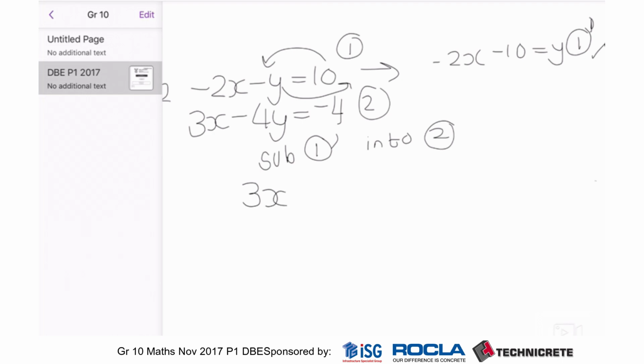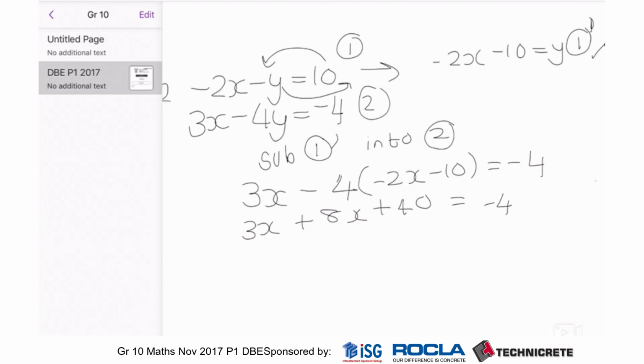So 3x doesn't change. Minus 4. The y is going to be substituted there. So minus 2x minus 10 is equal to minus 4. Simple simplification. 3x plus 8x plus 40 is equal to minus 4. So I've got 11x on the side is equal to minus 4 minus 40. So 11x is equal to minus 44.